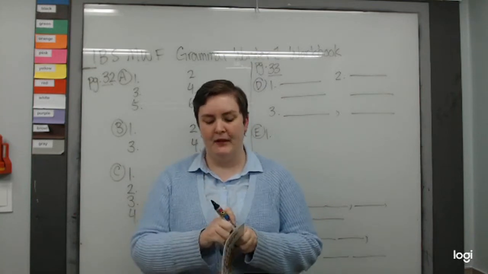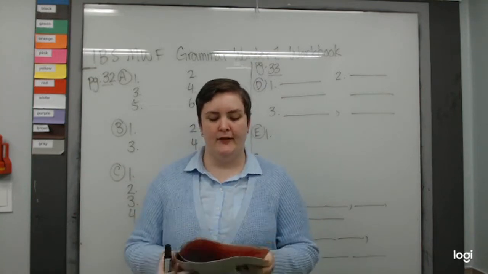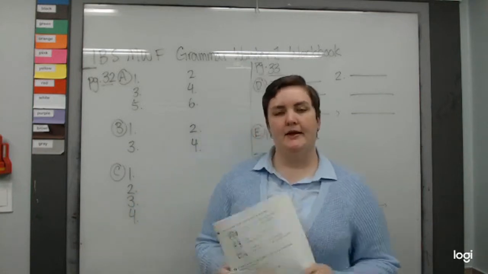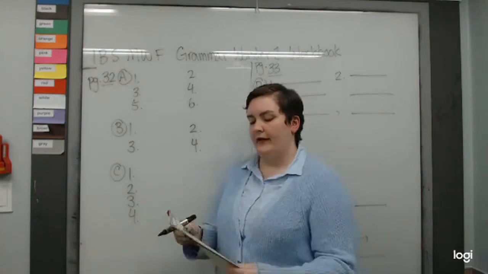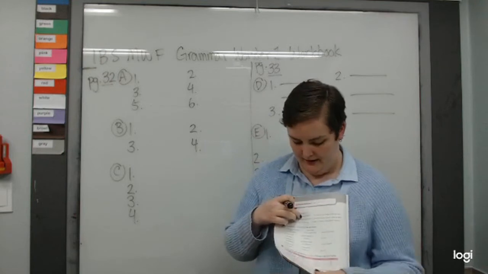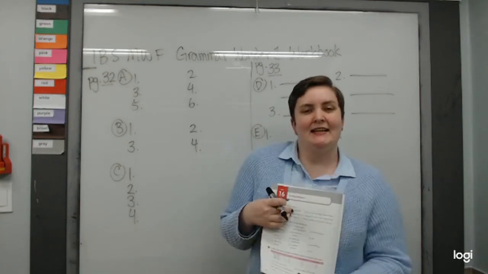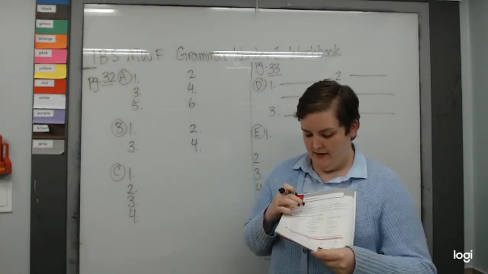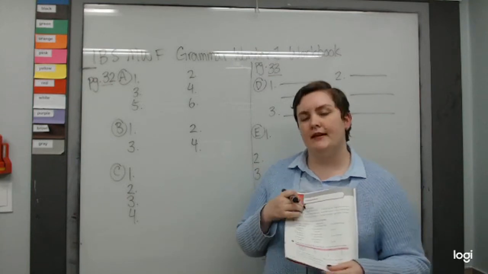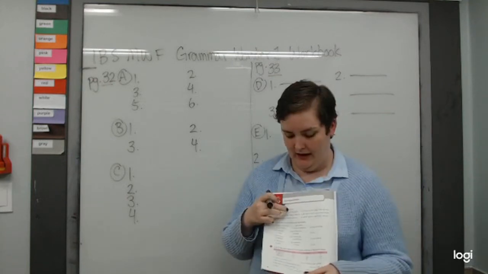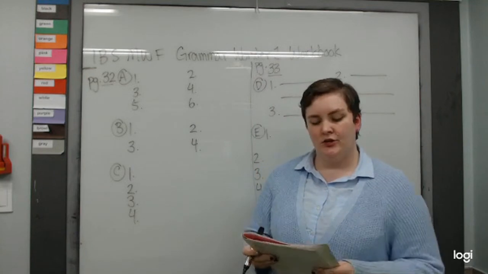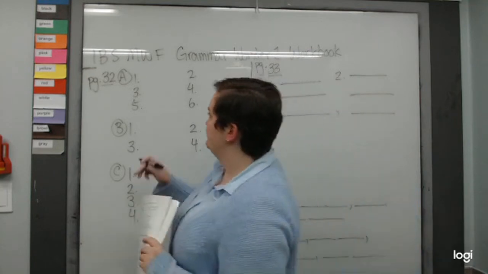Part A, circle the correct words. I am than Mark. Well, like before, it uses the word than, T-H-A-N, so we know we need to use the comparing form, the ER. So I am shorter than Mark.